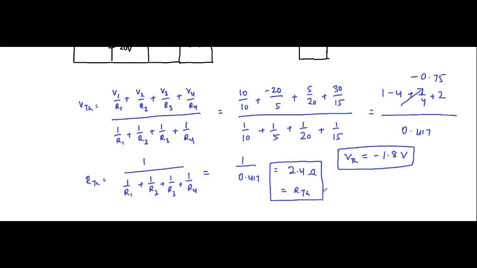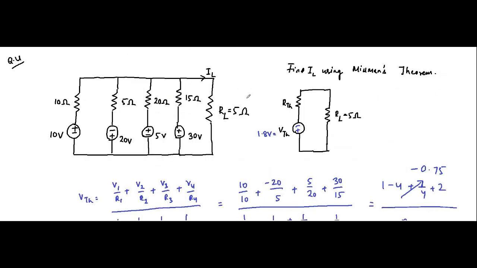So here we have calculated RTH, which is 2.4 ohm, and VTH, which is 1.8 volt. The direction of current will be like this, plus to minus.